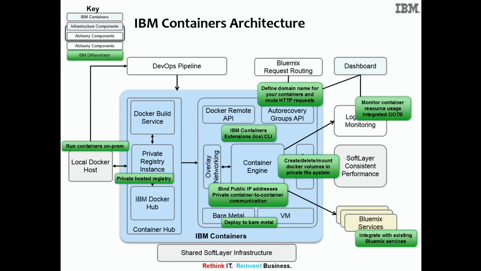On Bluemix you have a private hosted registry for your Docker images. When you provision a Docker container within Bluemix, it automatically gets an IP address. Docker containers within Bluemix communicate with each other by using these private IP addresses. So there is just plain TCP/IP communication automatically between all the Docker containers.